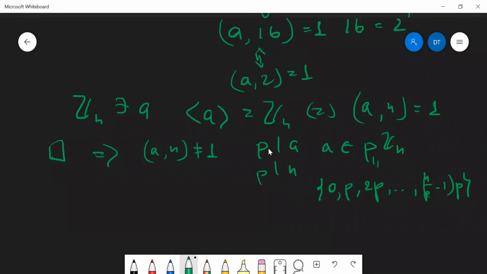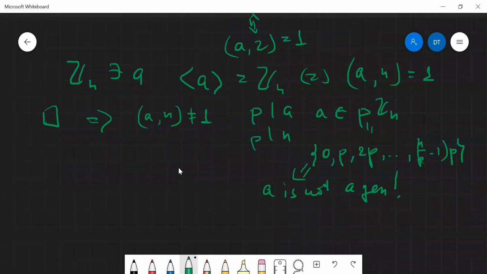And since P divides A, element A belongs to the subgroup, so it cannot be a generator. So from this, it follows that A is not a generator. So we assume that this is wrong, and we have that this is wrong, which proves the left to right statement.